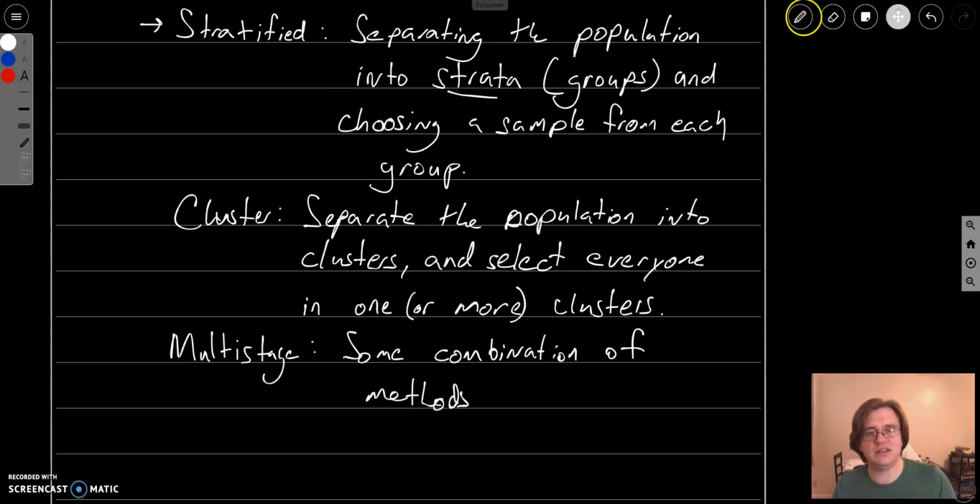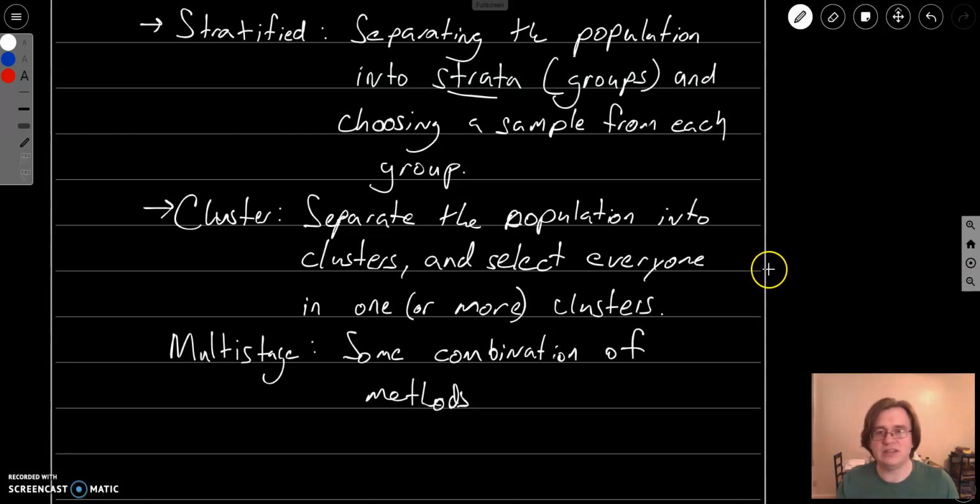The next one, a cluster, is sort of the opposite of choosing a random sample from each strata. You just choose one cluster to do this with. So for example, if you wanted to study an American population, but you didn't want to bother selecting across all of the US, maybe you choose a zip code at random, and then you conduct your poll, your study, on just those people living in that zip code.